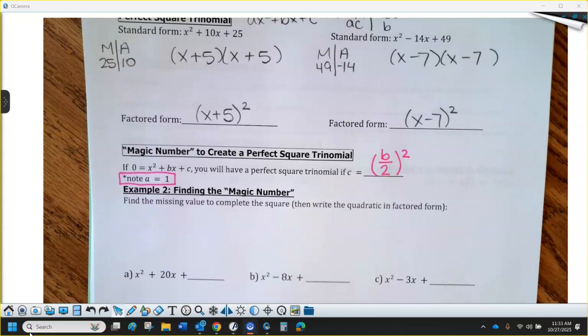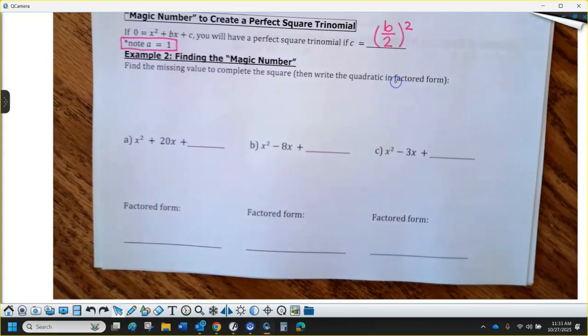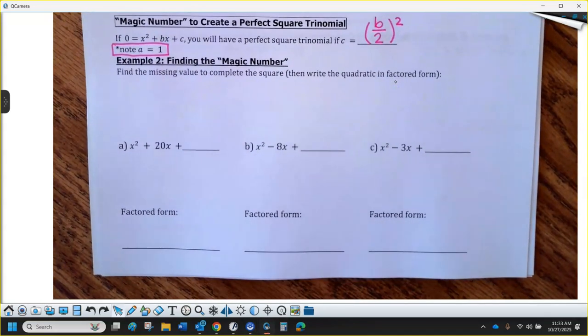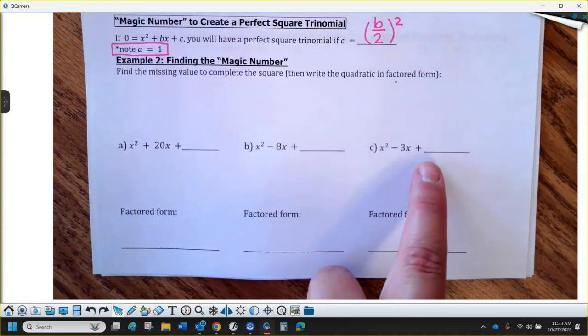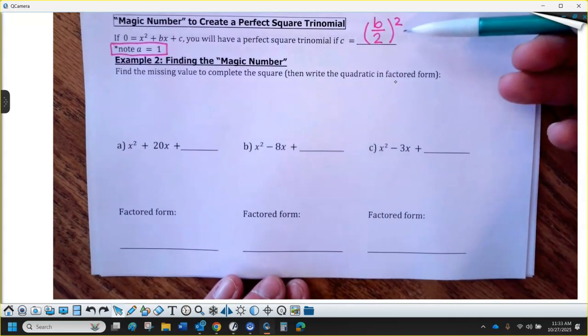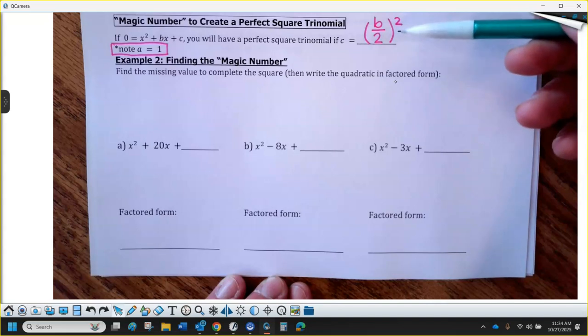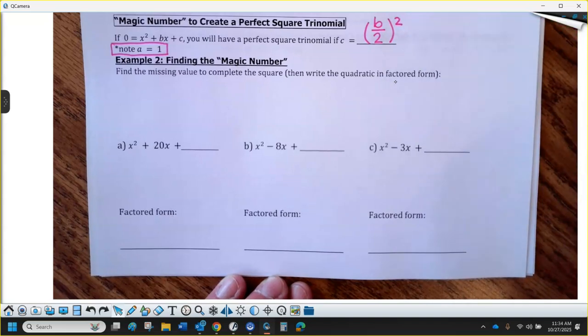So all we're going to do in this example at the bottom here is practice making a perfect square trinomial with the information that we have. I've just got x squared plus 20x plus blank. The reason this is a plus on every single one of these is because when you make this number, you're squaring something, and whenever you square something, it's going to make it positive.